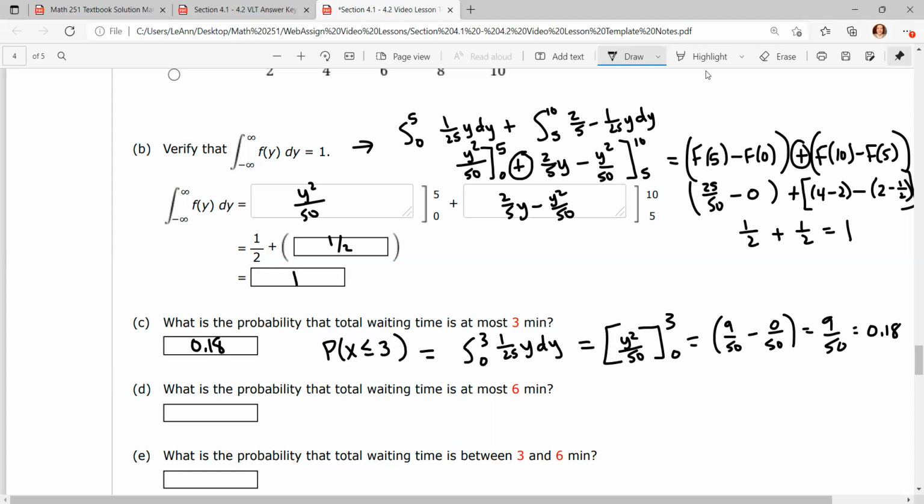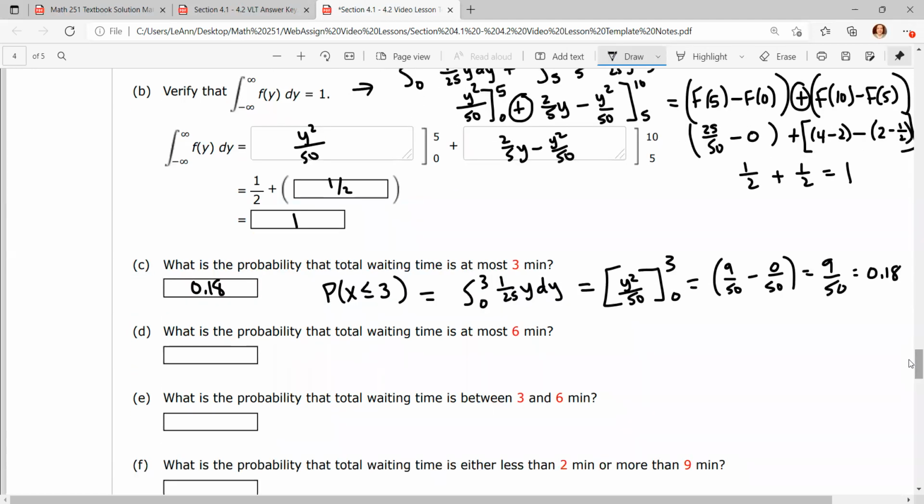Now, what is the probability that the total waiting time is at most 6? Well, that's a little different because that's going to spread over 2 of our different domain chunks. So we'll have to do 0 to 5 of 1/25y dy, plus we'll need to do 5 to 6 of the 2/5 minus 1/25y dy.